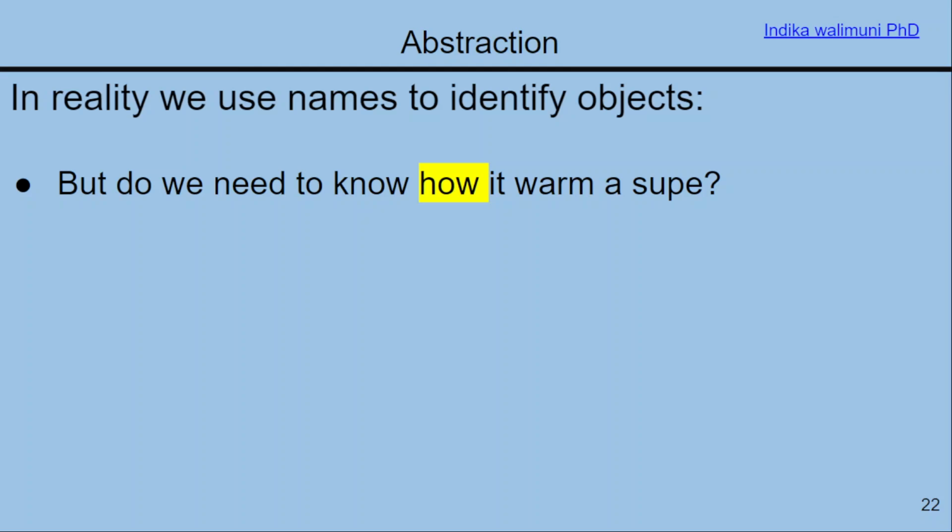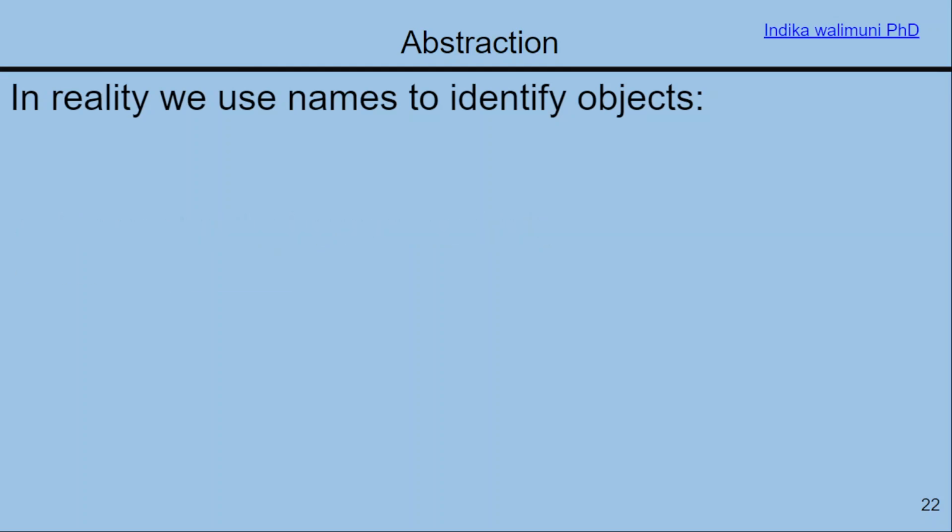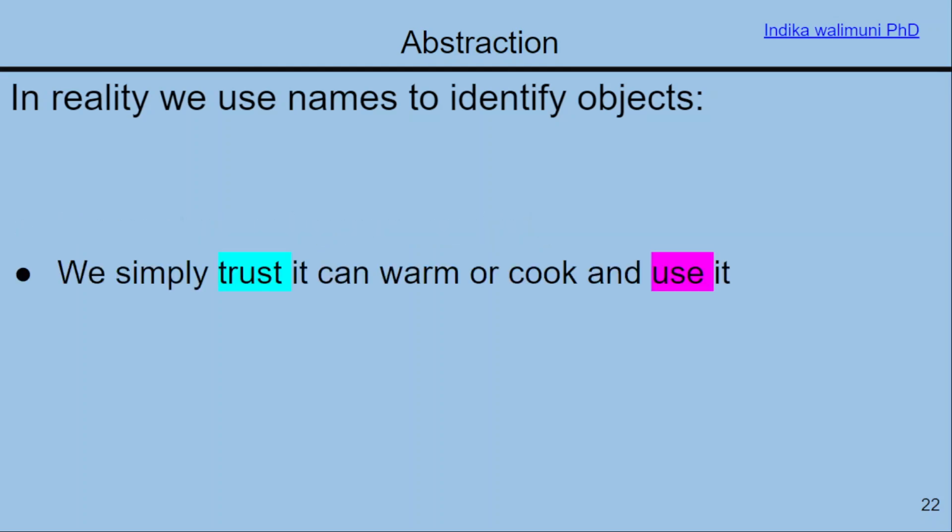We don't care how it does it. We only care what it does. In this case, warm or cook, as well, right? For the microwave. So for most lay users, we don't care how it works. Okay. So we simply trust that it can do its thing.